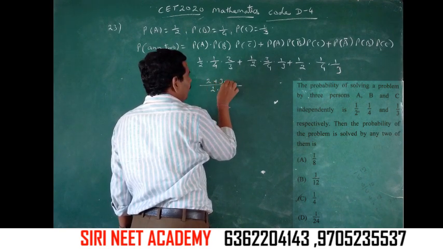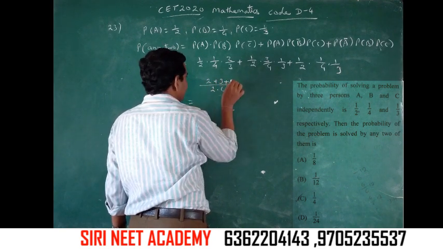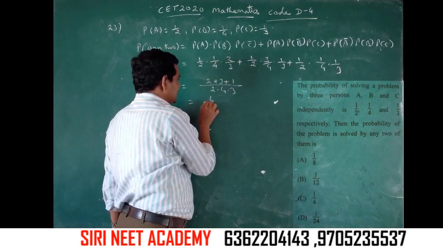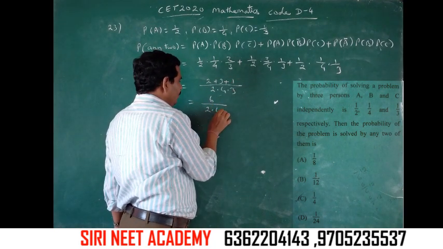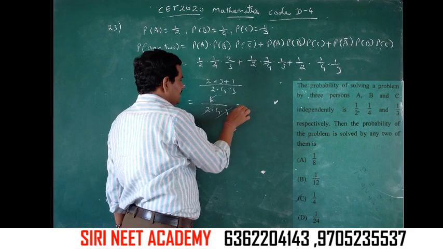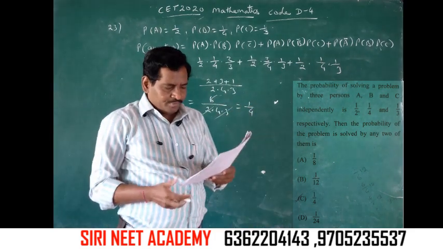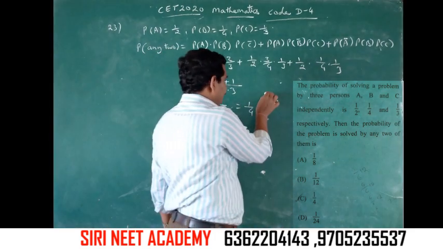Eliminated, 2 plus 3 plus 1, which results 6 by 2 into 4 into 3. Cancel this, 1 by 4. So option C.